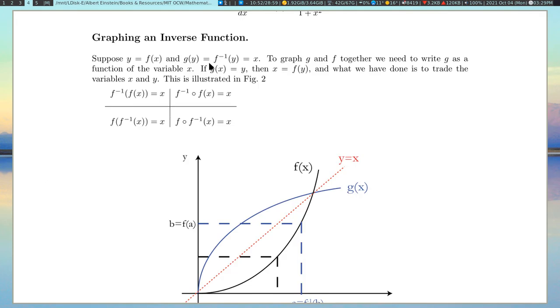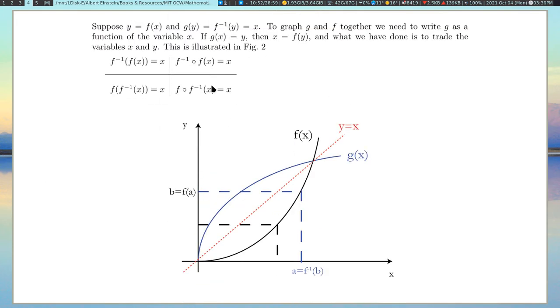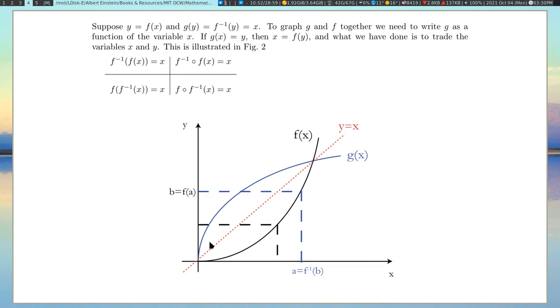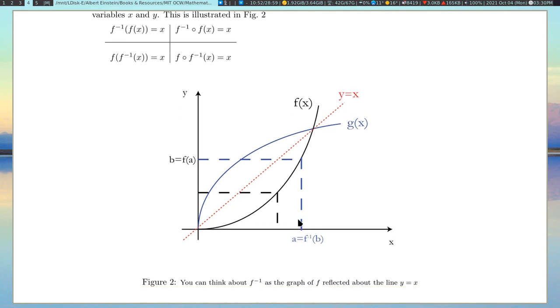Okay. So how do we graph this? Well, first you say g of x is equal to y. Like any function, we make a graph. So this is your graph of g of x, right? Now what you do is you try to rotate this graph.